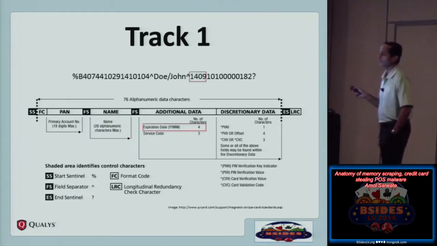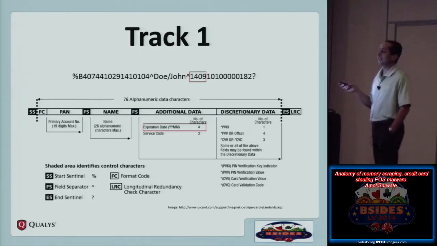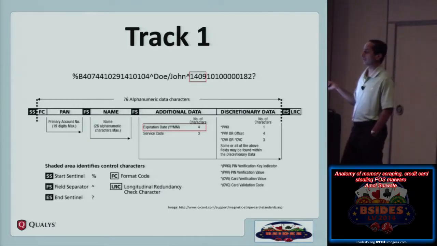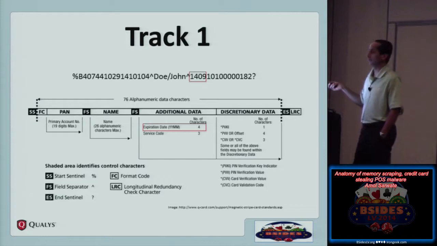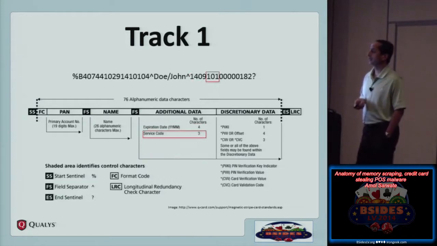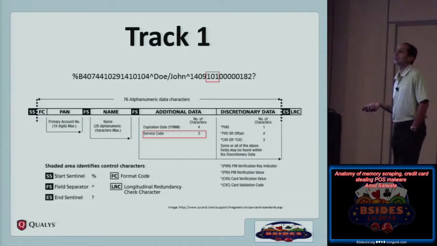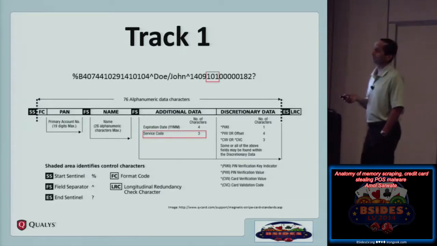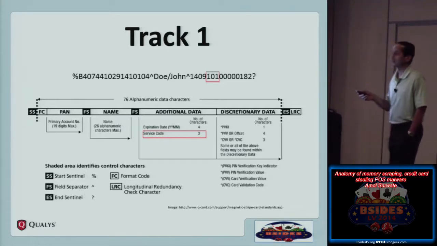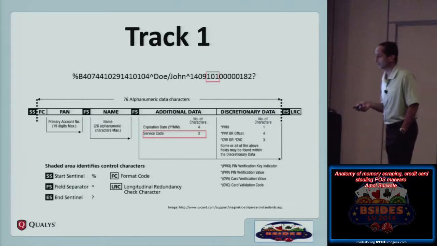The first 4 bytes of additional data have the expiry date of the card in YYMM format. And the next 3 bytes are the service code. The service code is basically how the card can be used. Is it a debit card, credit card, what restrictions does it have, and whatnot. So that is stored in the service code.